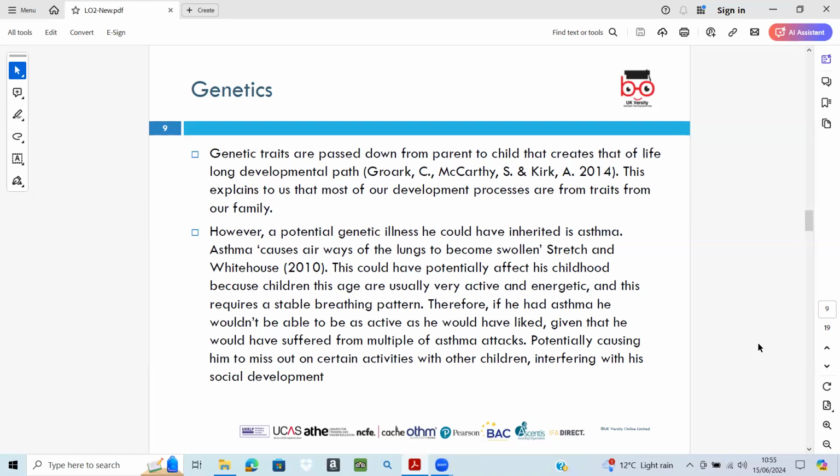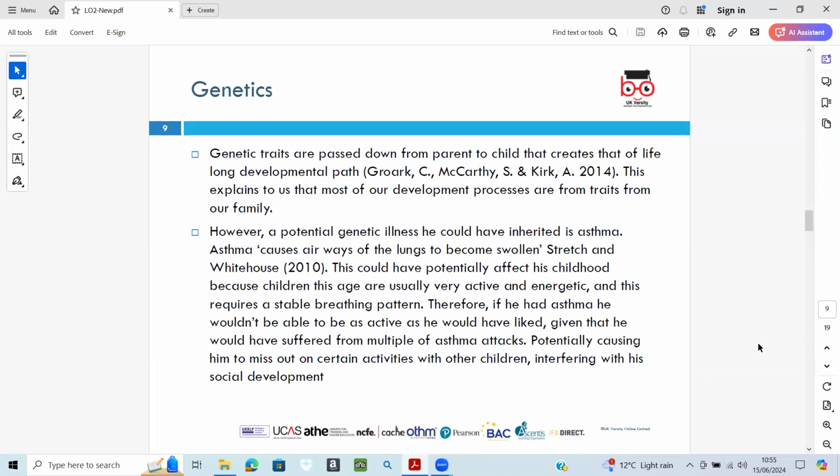So we have social effects as well. An asthma attack could prevent the individual from participating in physical activities, which can lead to feelings of exclusion and impact their social development.